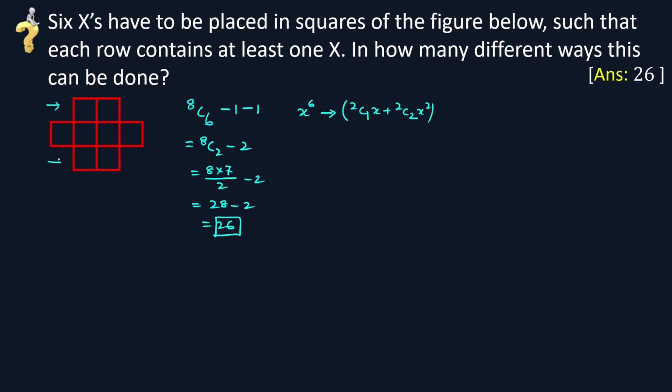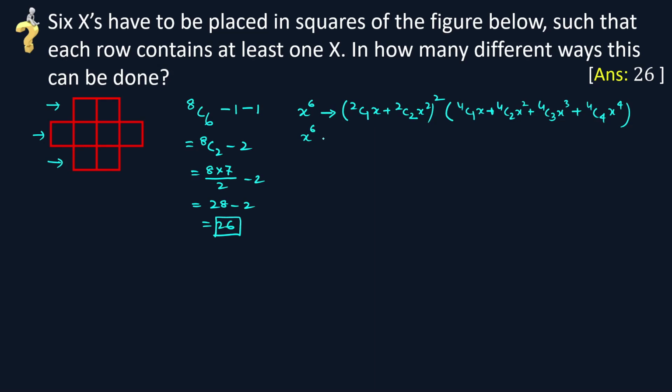The same thing with the third row, so it's whole squared. And for the second row, the total number of ways of choosing the squares will be 4C1 x, 4C2 x squared, or 4C3 x cubed, or 4C4 x to the power 4. Am I correct?